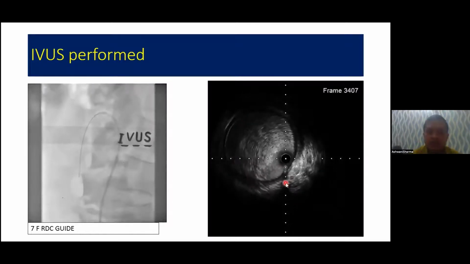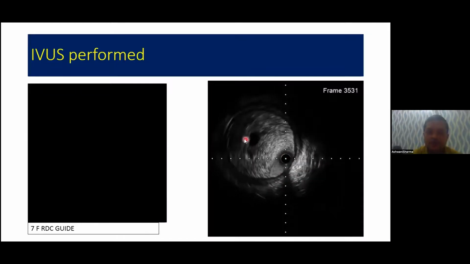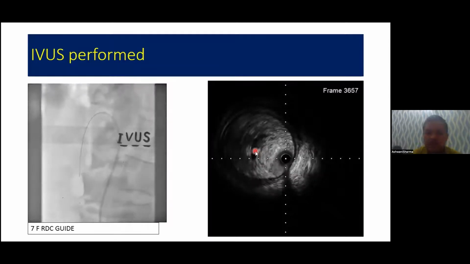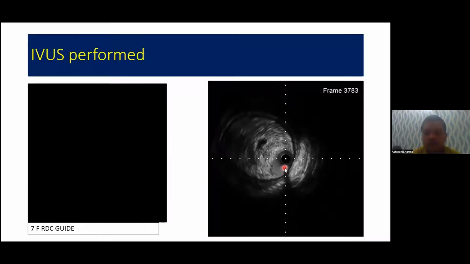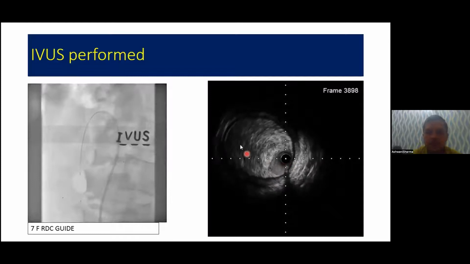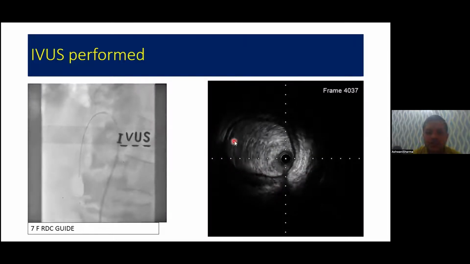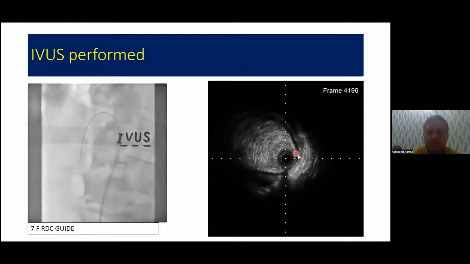And now it is a chronic stable lesion. We can well appreciate that the lumen is too narrow here. This is probably some neovascularization channel in the vessel. We can also appreciate that the diameter of the vessel is decreasing here, suggestive of negative remodeling. The luminal area is too low here.